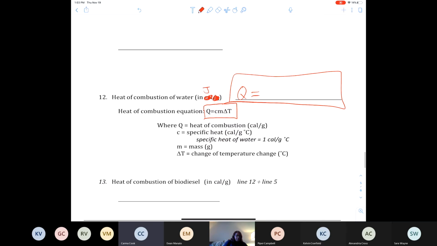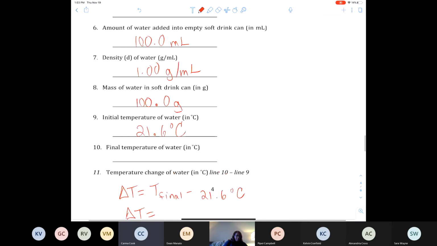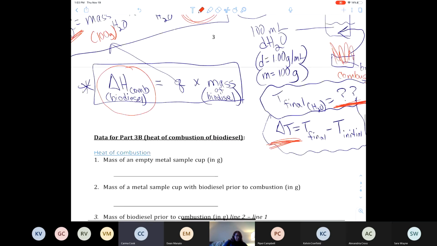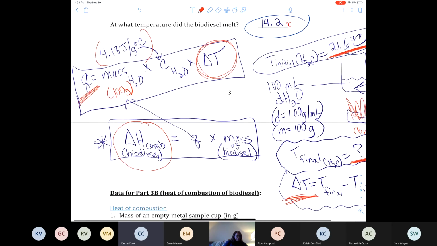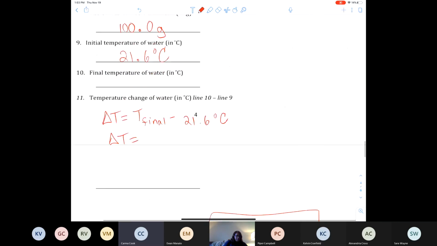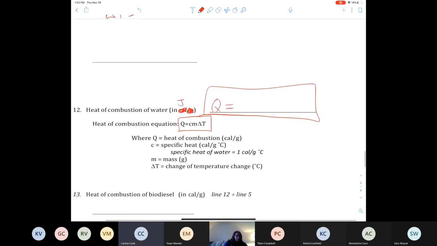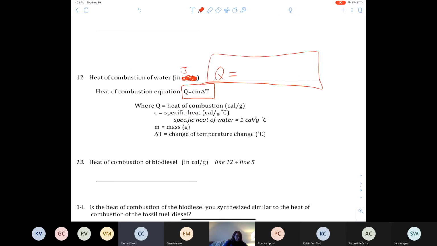Since we're using the specific heat of water, 4.184 joules, instead of using 1 calorie per gram degree Celsius, we're using 4.18 joules per gram degree Celsius. So your Q is going to be in units of joules, not calories. And then your heat of combustion is going to be in joules per gram instead of calories per gram.